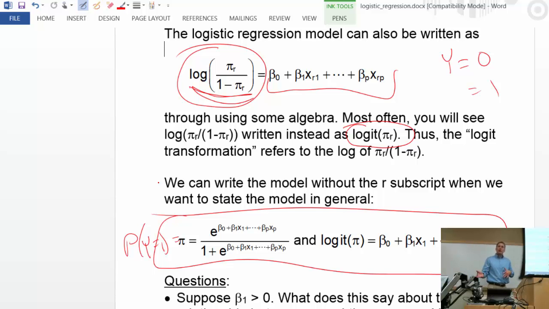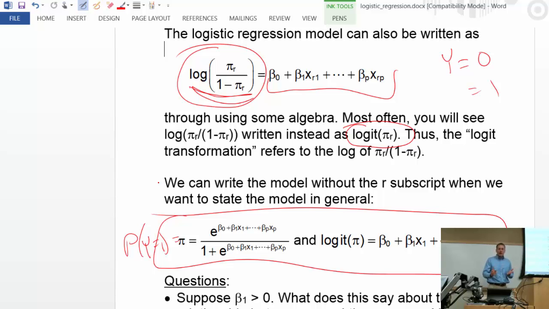Y has a Bernoulli distribution with the corresponding parameter pi. And this is what our model looks like. There's two different ways to write it. You can set pi equal to e to a linear combination of the betas with the x's over 1 plus e to that same linear combination. That nice little transformation of this linear combination of the betas and the x's guarantees that pi will always be between 0 and 1, which makes sense for a probability.